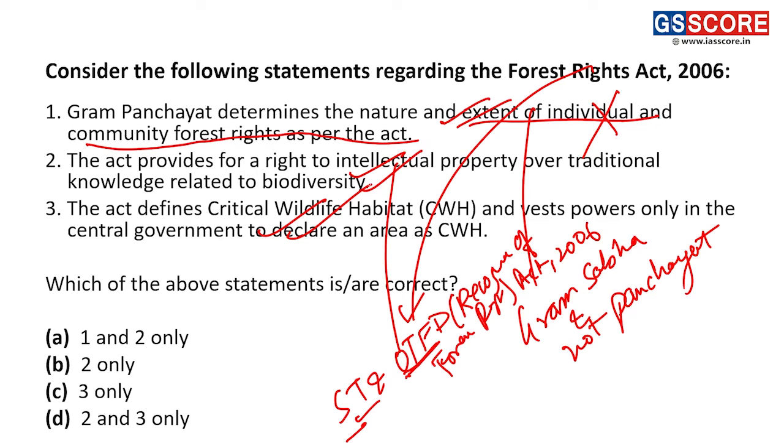And the issue was in the news because the Chhattisgarh government again became only the second state in the country to recognize community forest resource rights of villages inside a national park. Okay, so that is important.